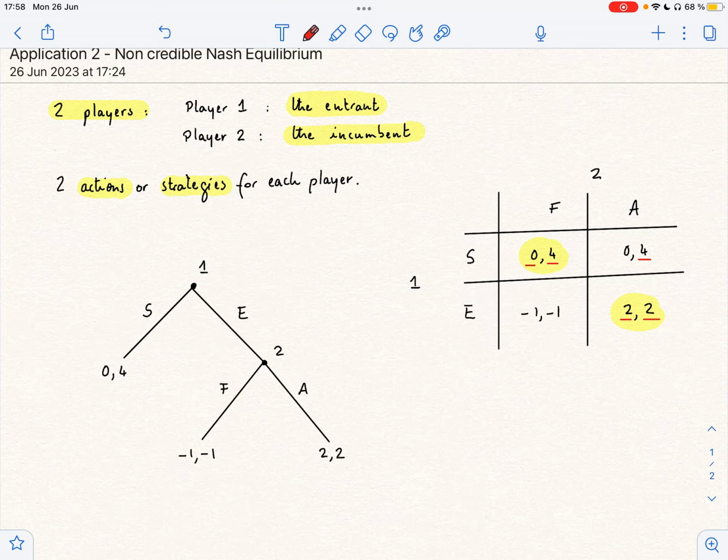So here the 2 Nash equilibria in pure strategies are going to be stay out and fight, and enter and accommodate. And so what is happening here? The idea is that if player 2 threatens player 1 to fight, player 1 will prefer to stay out, right? But if player 2 accommodates, player 1 will prefer to enter. So we have 2 Nash equilibria in this game.